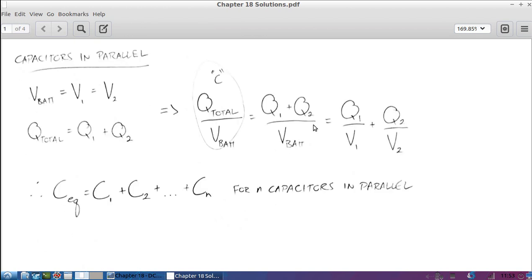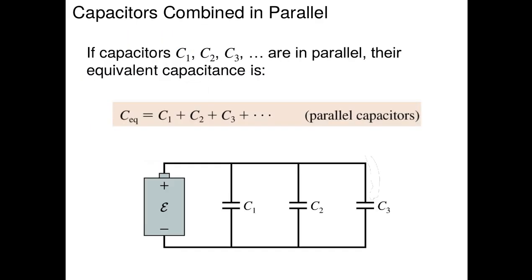So I've got these capacitors in parallel, right? I know the voltage across the first capacitor is equal to the voltage across the second capacitor, and those two voltages are equal to the battery. And I know the sum of the charges on the capacitors is equal to the total charge.